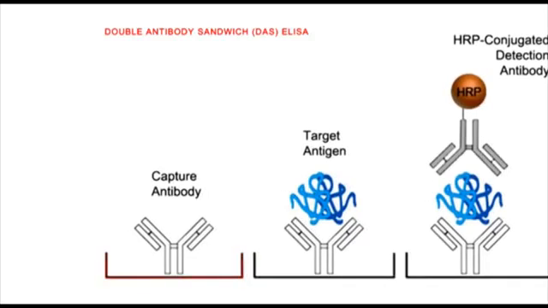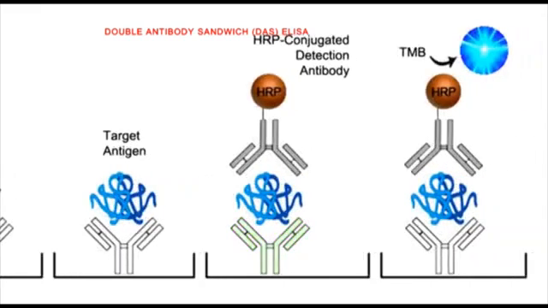In this method, plates are first coated by an antibody specific for the antigen, blocked by BSA, and the test samples containing the antigens are added. This allows binding of the antigens to the pre-coated antibodies. Then another antibody specific to the different epitopes on the antigen is added.